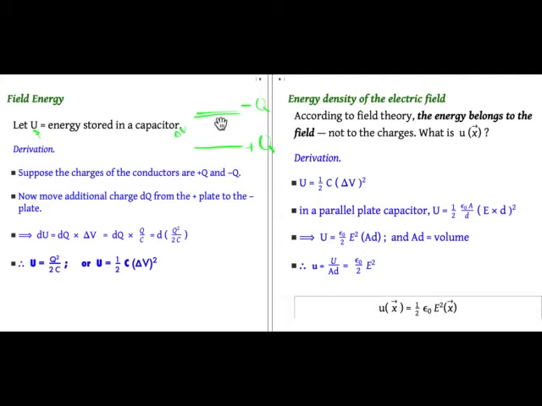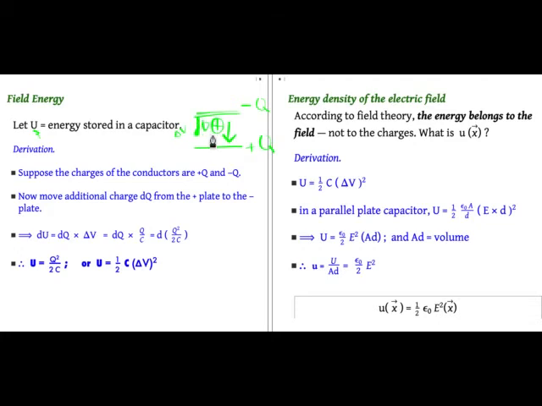All right, now let's start with this point, and now let's increase the charge. Let's move a little bit of positive charge from this negative plate, making the negative plate even more negative, and making the positive plate even more positive. So let's increase the charge separation by moving a little bit of charge from the negative plate to the positive plate. So let's call this charge dq.